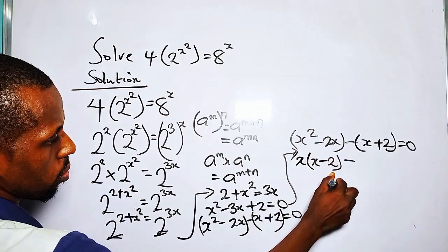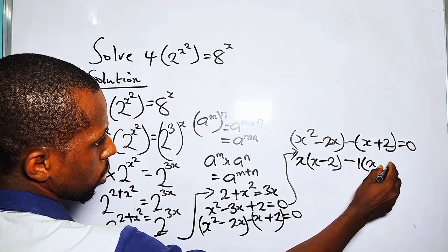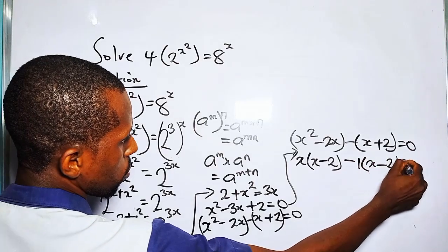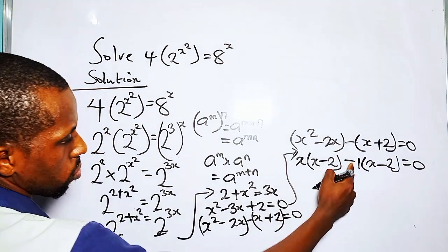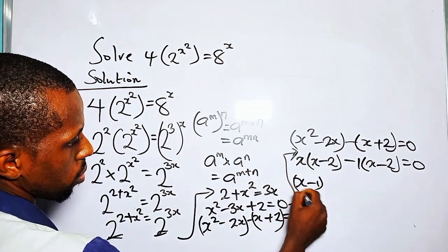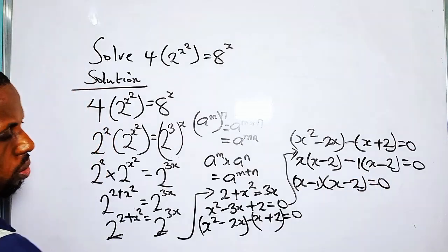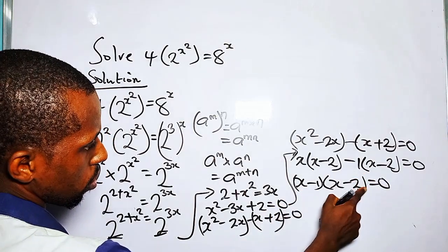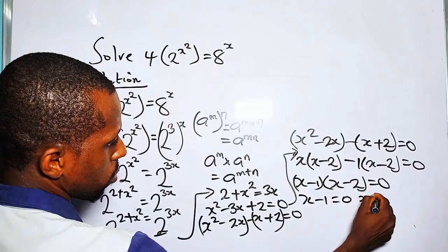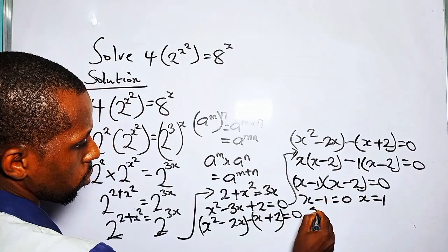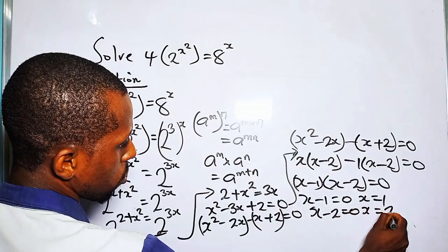Then we have minus 1 common, so we have minus 1 into x minus 2 equals 0, since minus times minus is plus. So we have x minus 1, x minus 2 equals 0. For x minus 1 equals 0, we have x to be 1, or x minus 2 equals 0, so the value of x equals 2.